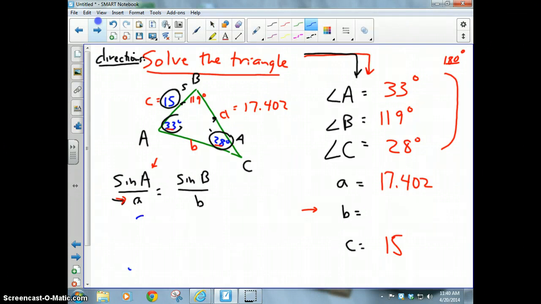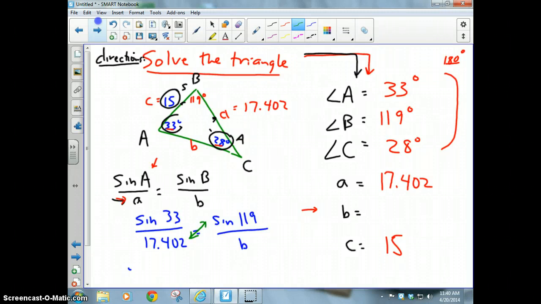So I'm going to fill in the information. Sine of angle A is 33 degrees over side a, which is 17.402, equals sine of B, which is 119, divided by little b. And again, I'm going to cross multiply.